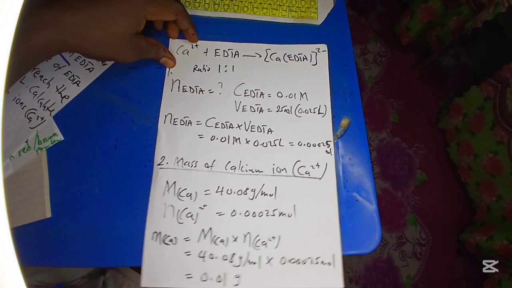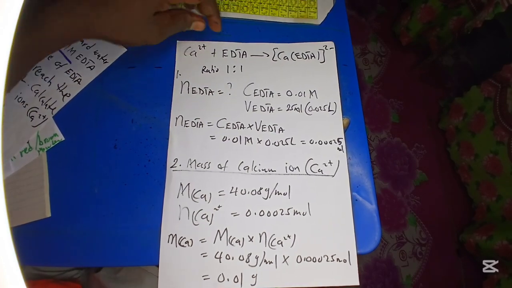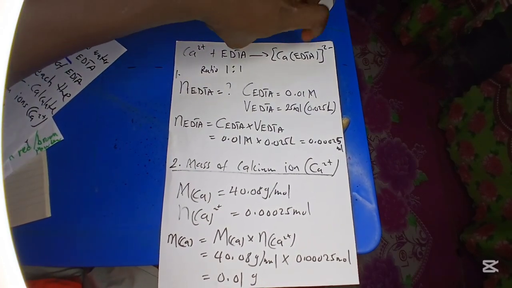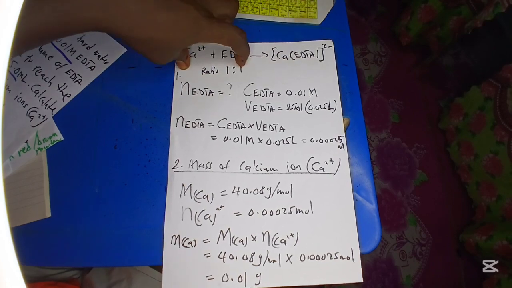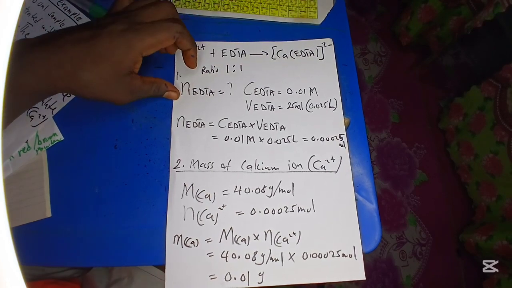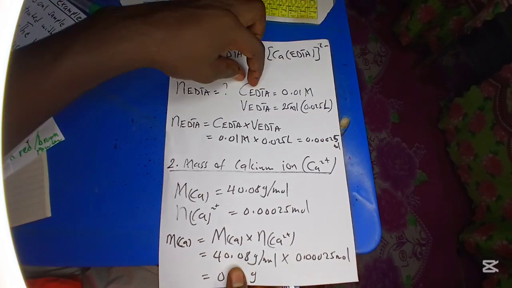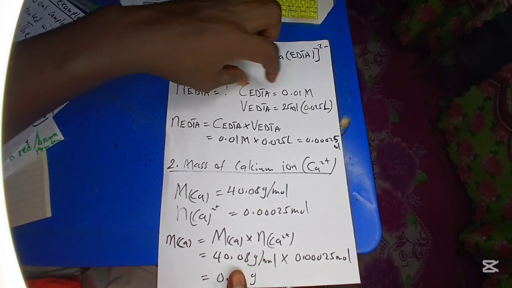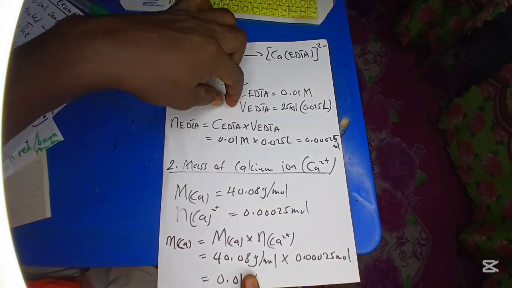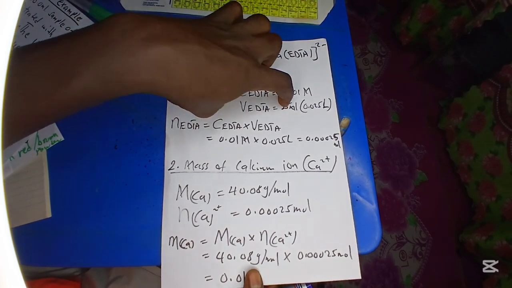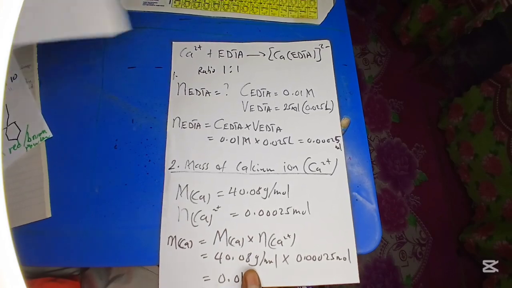So Ca2 plus and EDTA form a complex in a ratio of 1:1. We don't know the moles of our EDTA, but we know the concentration of EDTA, and we also know the volume of EDTA. That is the titer value, the average titer, which is 25.